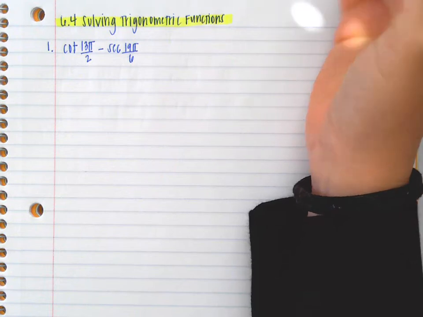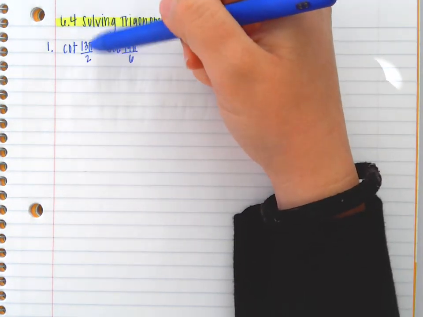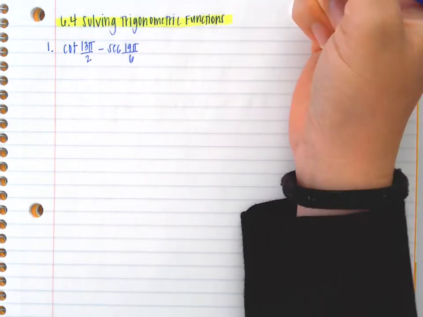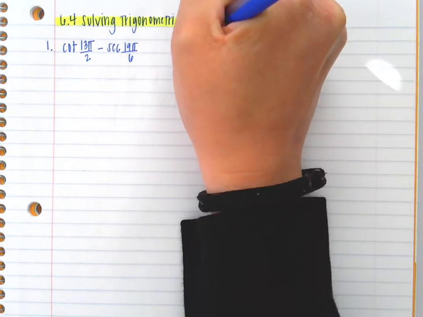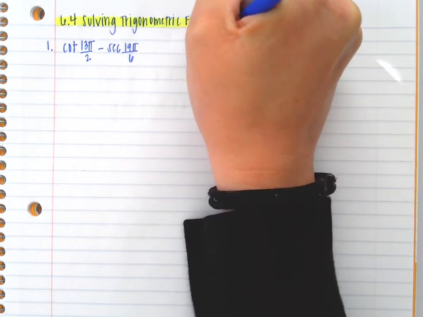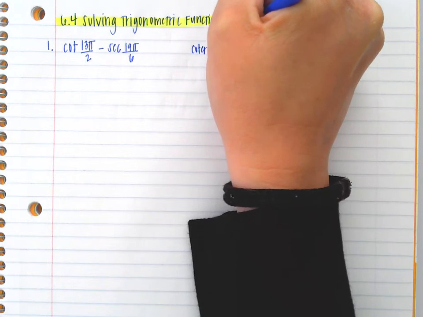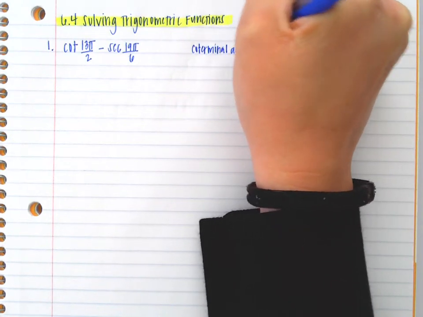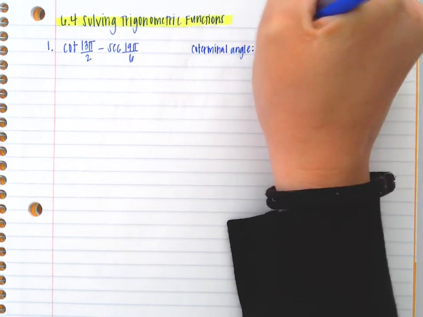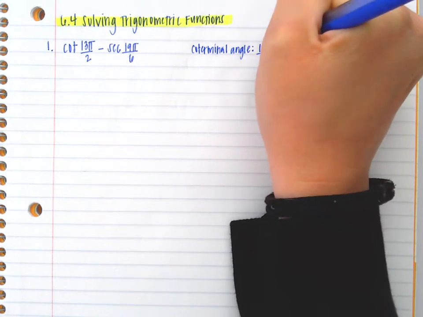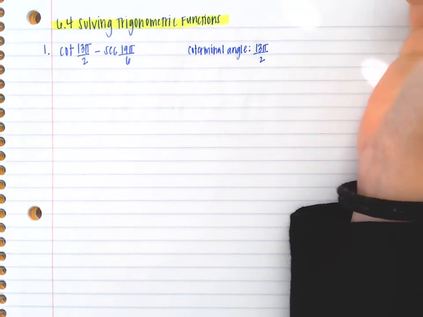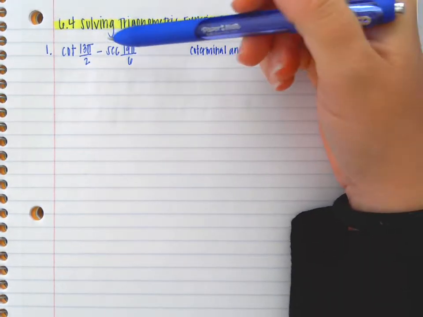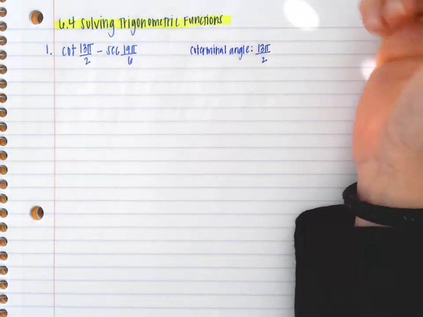Remember, if this isn't within 2 pi, you need to first figure out what it is between 0 and 2 pi, and that's using and finding our coterminal angle. What I could do is subtract 2 pi over and over until I get something between 0 and 2 pi.